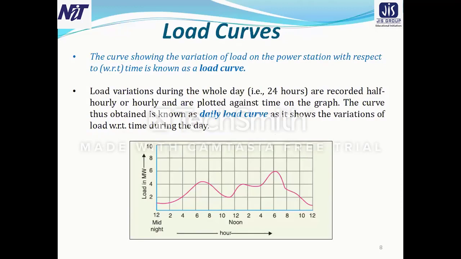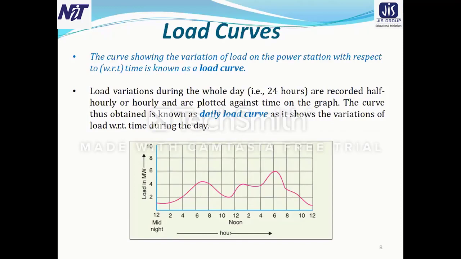The curve showing the variation of load on the power station with respect to time is known as a load curve. That means load variation with respect to time is called the load curve.